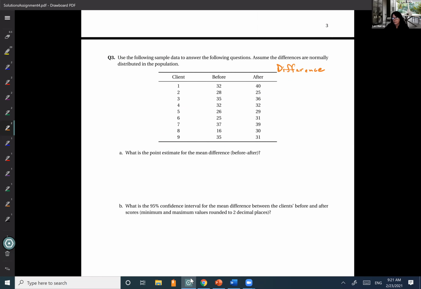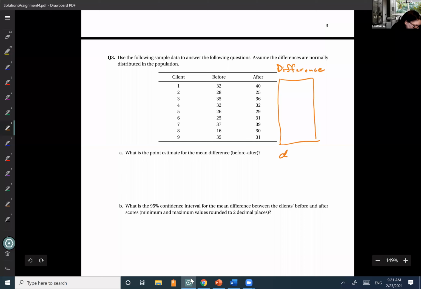So we have measurements for before and after. You want to make a column right here that shows the difference, and the difference is equal to, I ended up getting -3. So the point estimate, d bar, is equal to -3.